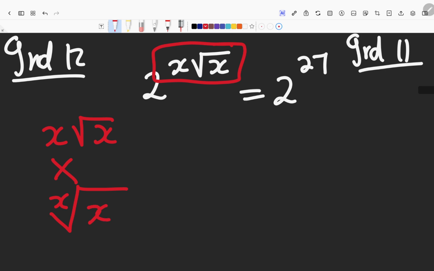This is where most learners are going to get this wrong in the examination, so make sure you can differentiate between these two. This just means x multiplied by the root of x, similar to 2 multiplied by the root of 2, which is 2 root 2. So this is x root x.